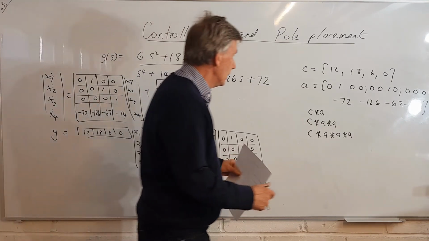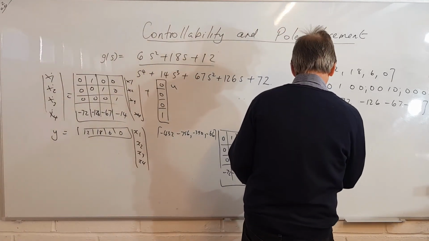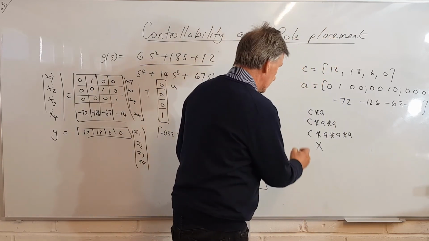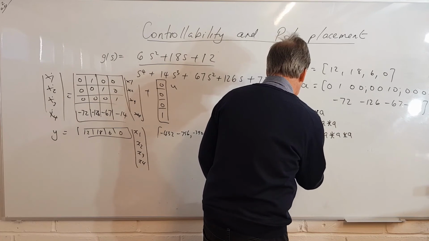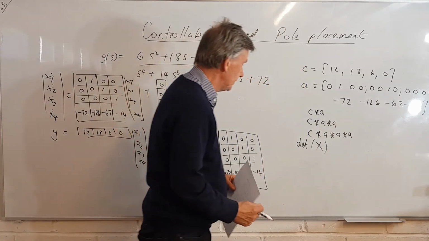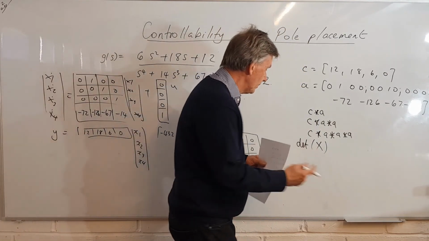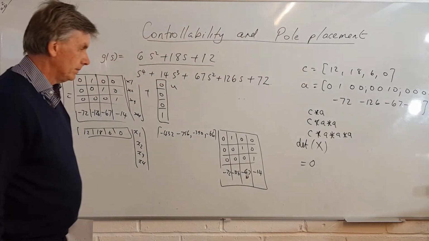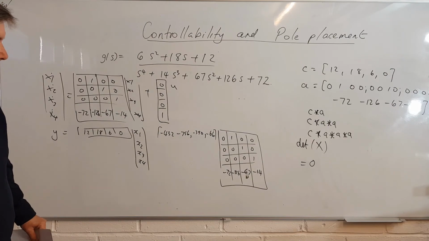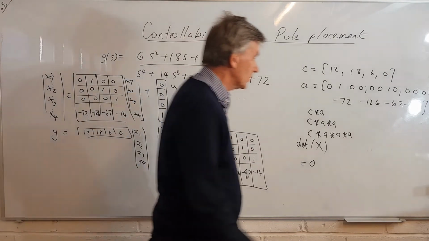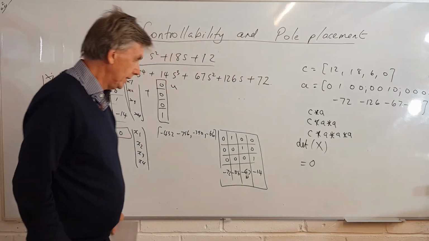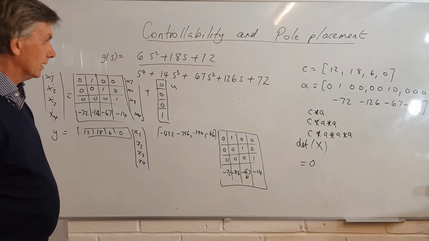And once you've got that matrix, let's say it was called some matrix X, you could just work out the determinant of X. And that should, with a bit of luck, come out as 0. So that's an alternative little trick that you can play if you happen to have MATLAB handy at any particular time.